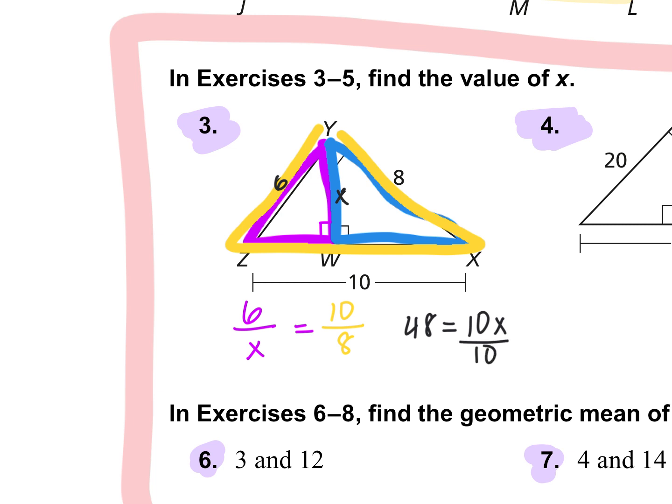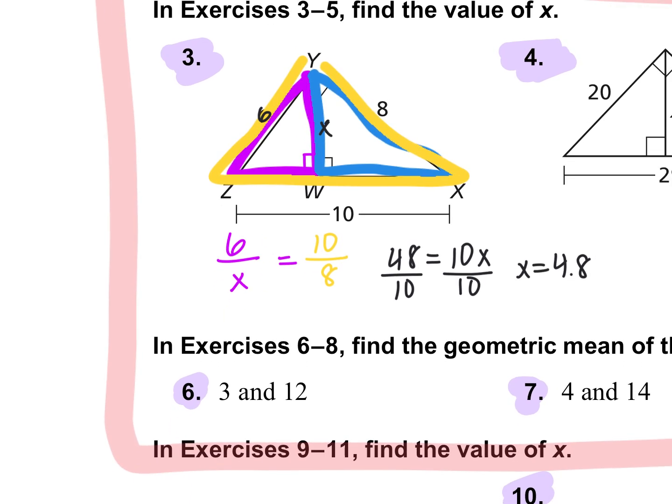Divide both sides by 10. X is going to equal 4.8. This is a little trickier because you have to be able to match with what goes with what. But once you see the pattern for this, it's going to be easier to solve. So, x equals 4.8. However, there's another way to solve these.